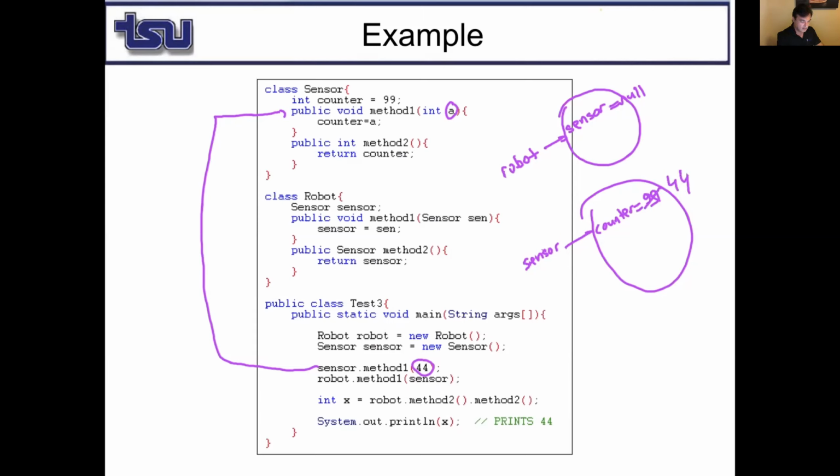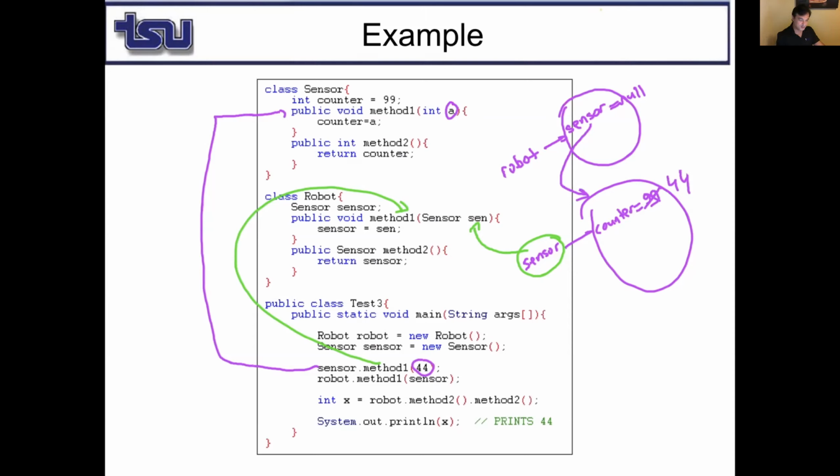And then I say robot.method1(sensor). So I'm going to go to method 1 right there, and sensor, this guy, will be input to method 1. You see that? The sensor of this robot was null. Now it will be this. That means this guy is not null anymore. It points to the same memory space right there.